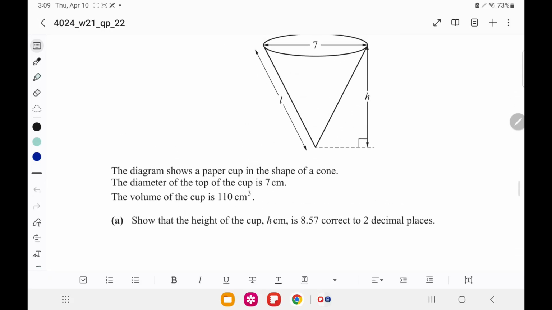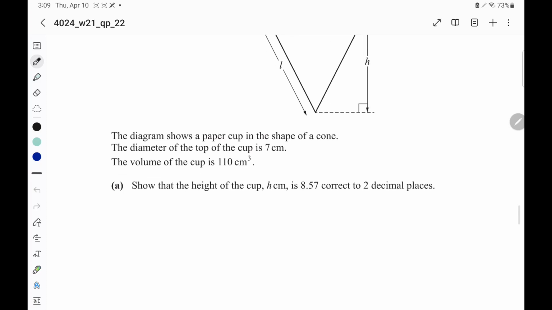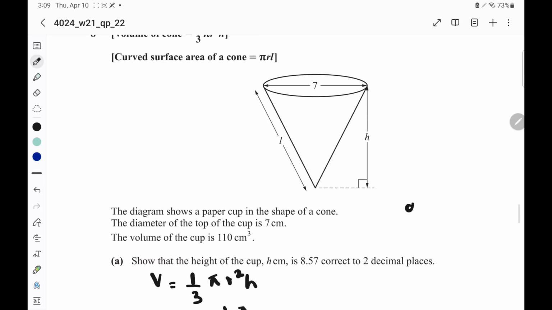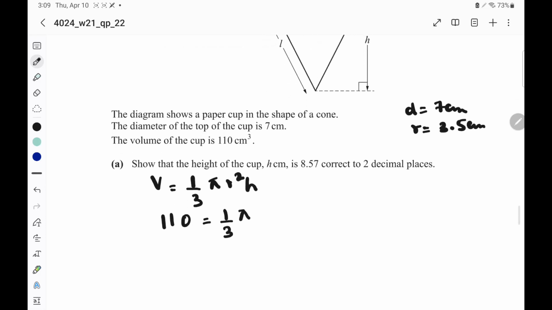So volume is equal to 1 over 3 pi r square h, which is 110 is equal to 1 upon 3 pi. And you know the radius, the diameter is 7 centimeters. So the radius is half of the diameter, which is equal to 3.5 centimeters. So that is 3.5 square times, and the height is unknown, which is the question.